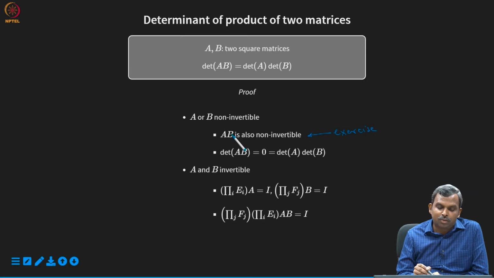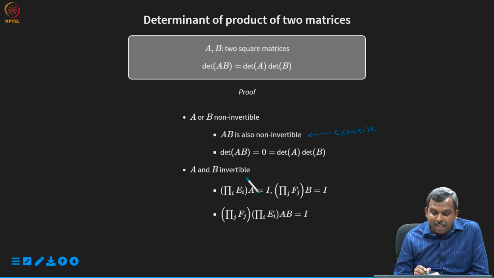You can look at the range space or null space and show that in either case the null space will be non-trivial, so it will be non-invertible. So AB is also non-invertible. So once AB is non-invertible, you see the determinant of AB is 0, and determinant A times determinant B is also 0. So both of them are equal. The 0 case is taken care of.